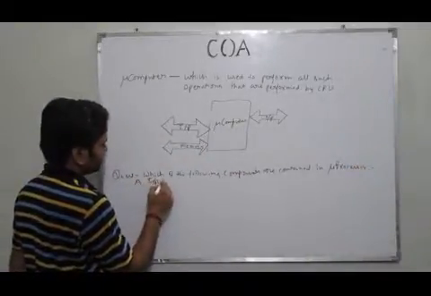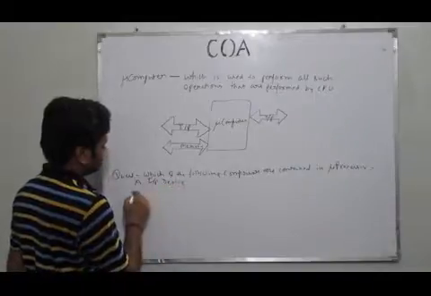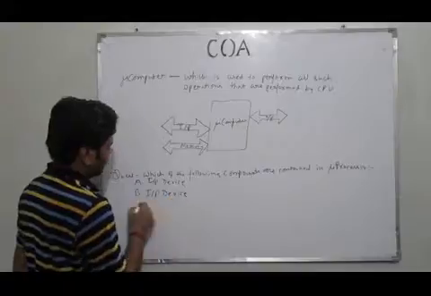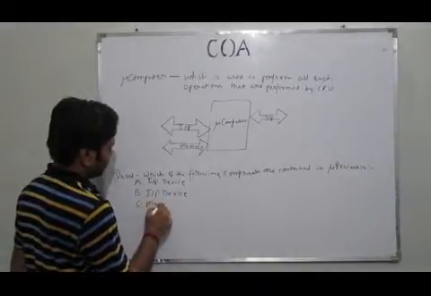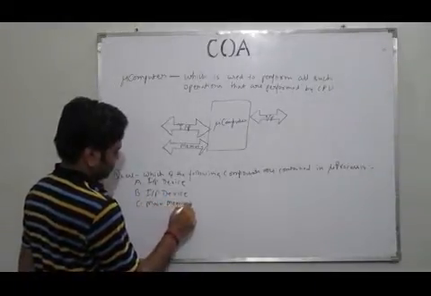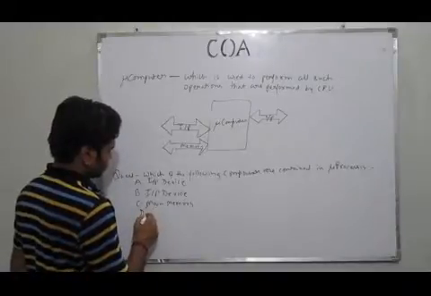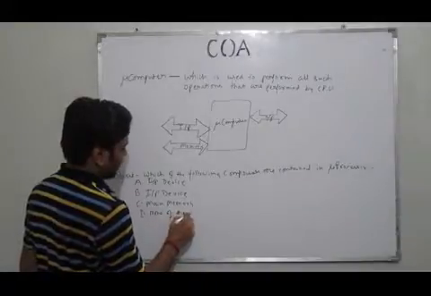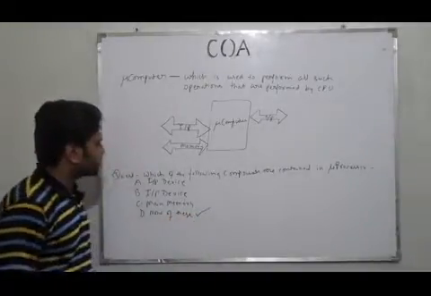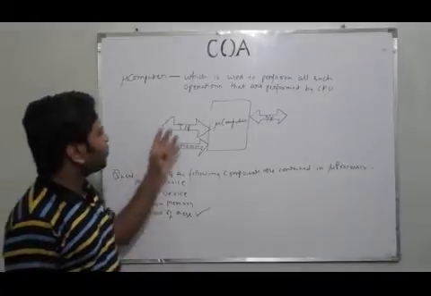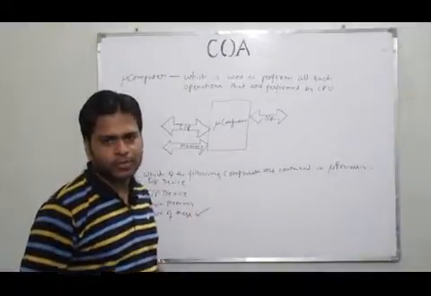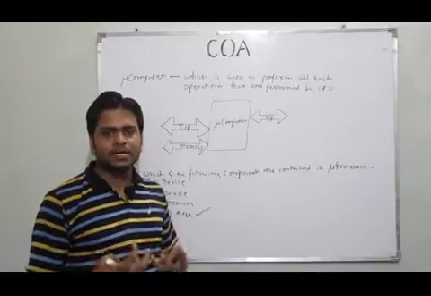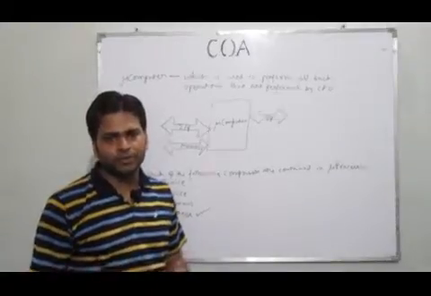Input device, output device, main memory, none of these. The appropriate answer is none of these, because all three components are associated with a microcomputer but not with the microprocessor. Because a microprocessor is simply a logical device which has a task to perform ALU operations.